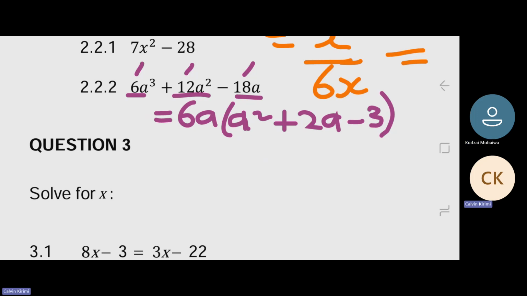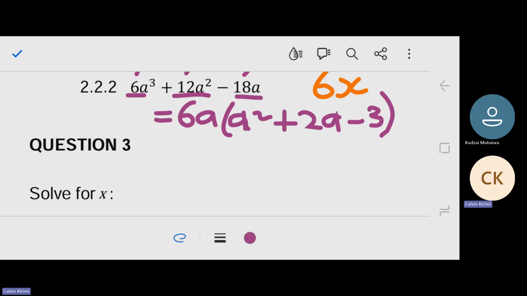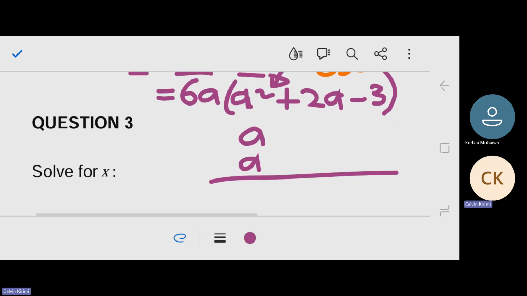So now you want to factor out the quadratic. Now this is quadratic. Why is it a quadratic equation? There is an exponent 2 there. So you want two numbers such that when you multiply them, A and A, you get A squared.